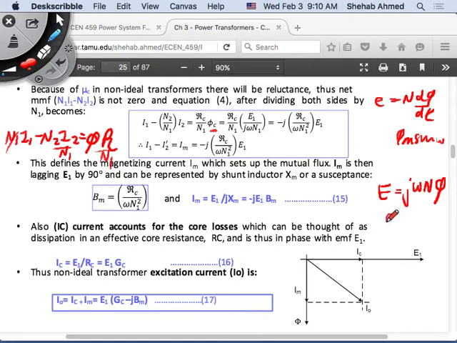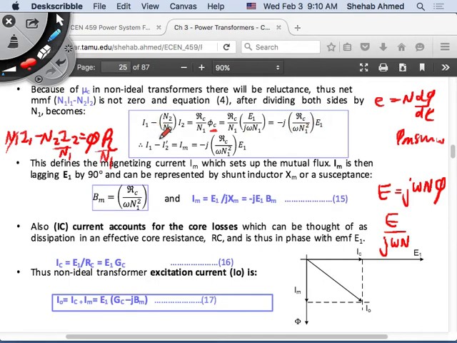So solving for phi, phi is equal to E over j omega N, right? So that's what we have here. So I removed phi and put E over j omega N, which is equal to, bringing the j to the top, minus j over omega N. So this is just rewriting the terms.